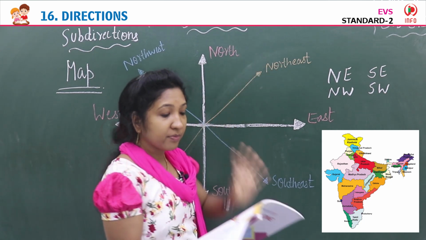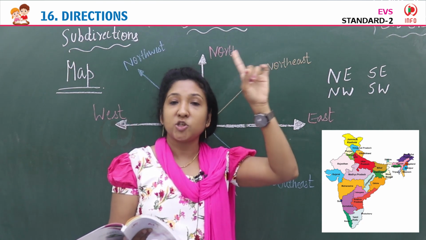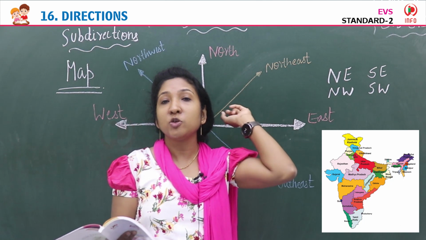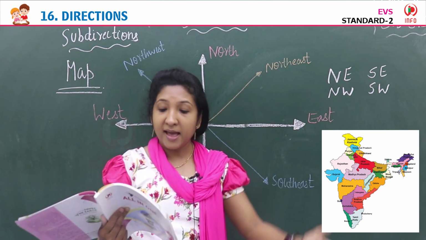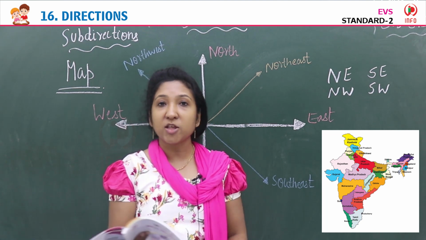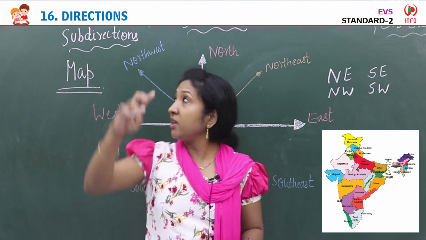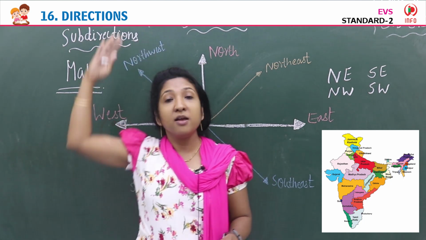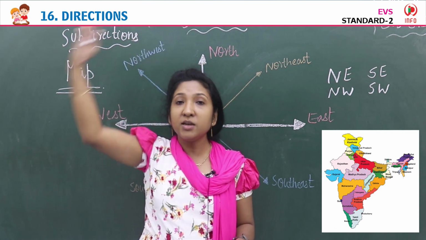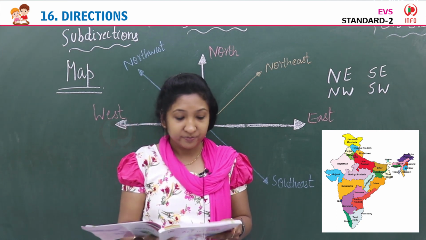The top of the map always shows the north direction. Take any map, the top shows north, and the bottom of the map shows the south direction. So when we hang a map on a wall, the top shows the north direction and the bottom shows the south direction.